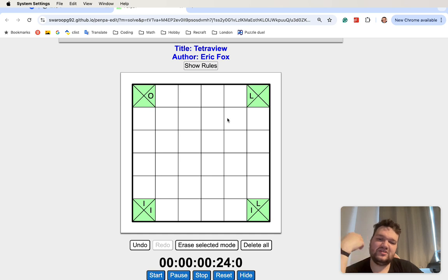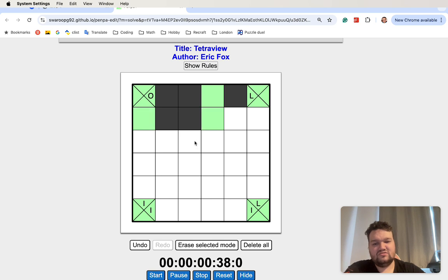There must be a cell between them, but also an O tetromino takes 2 cells every time it takes at least 1. So the top row must look like this, and this must be an O tetromino, and this must be an L tetromino, which should go here, but can go either left or right. Okay, that's a great start.